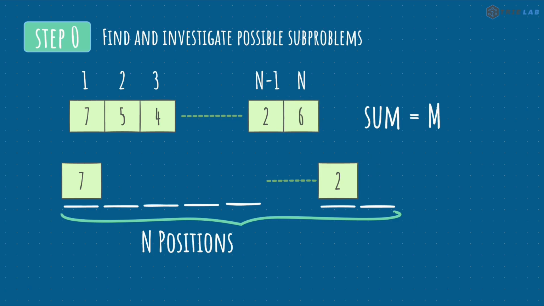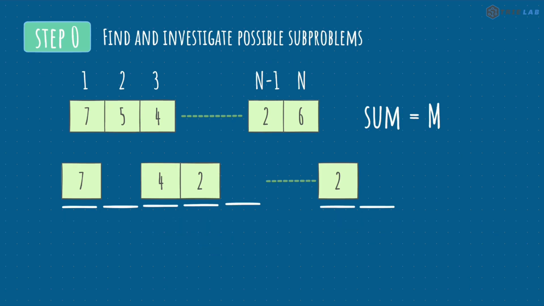And we can also exclude 6 to ensure that we also consider all possibilities of numbers that sum up to m without the nth element 6 present in them. Now that means that there are 2 possible ways for each element. Either we select it or we don't select it while finding a way for the sum of m.